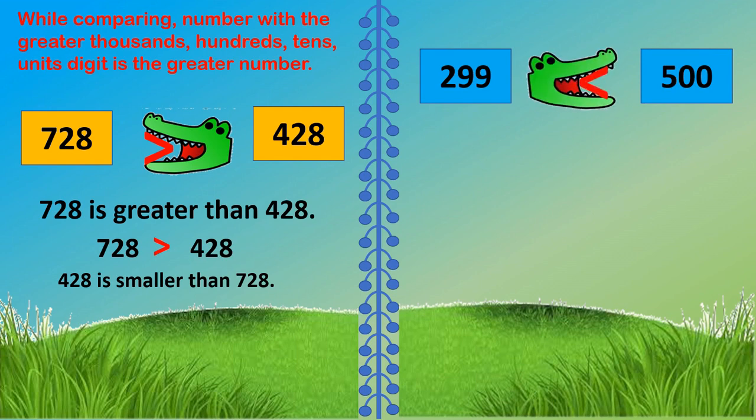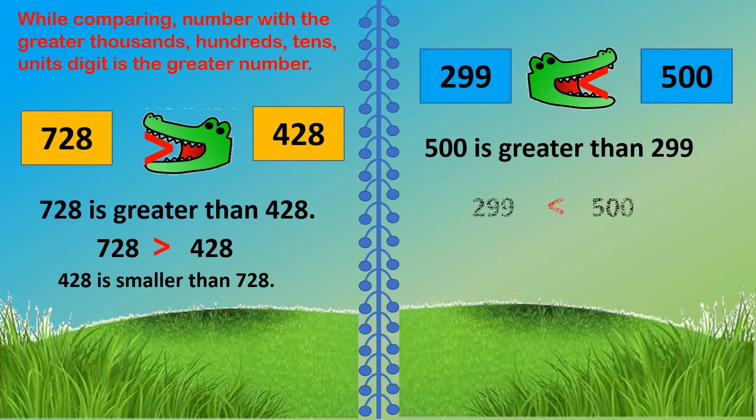So we write it and read it as 500 is greater than 299. We open the crocodile's mouth to eat the bigger number, that is 500. We can also read it as 299 is smaller than 500.